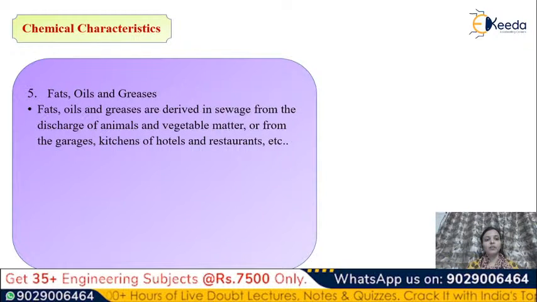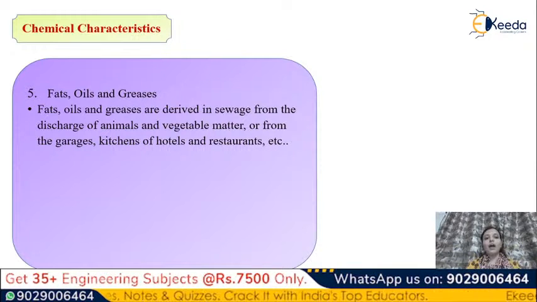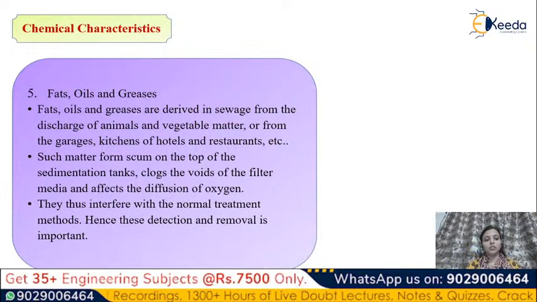The next chemical characteristic is fat, oil and grease. Fats, oils and greases are derived in sewage from the discharge of animal and vegetable matter, or from garages, kitchens of hotels and restaurants, etc. Such matter forms scum on the top of the sedimentation tank. Scum means a floating material, an oily layer forming on the surface of water, which clogs the voids of the filter media and affects the diffusion of oxygen.